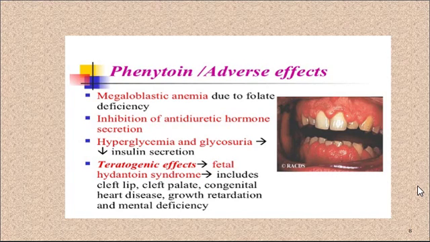Headaches, diplopia, which is double vision, dizziness, slurred speech, decreased coordination, alopecia, which is hair loss, megaloblastic anemia due to folate deficiency, and thrombocytopenia, where all of the clotting platelet factors are decreased, so you'd see a platelet count probably down to 120, 100, very decreased.